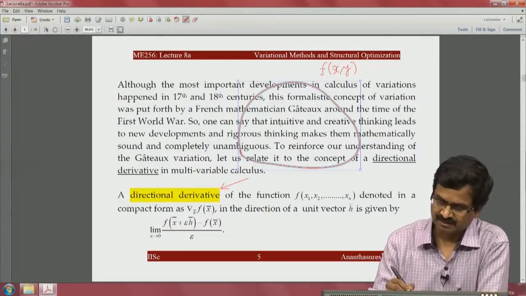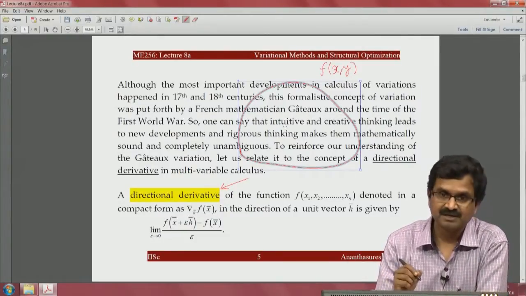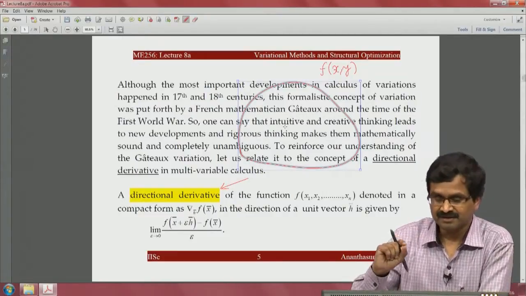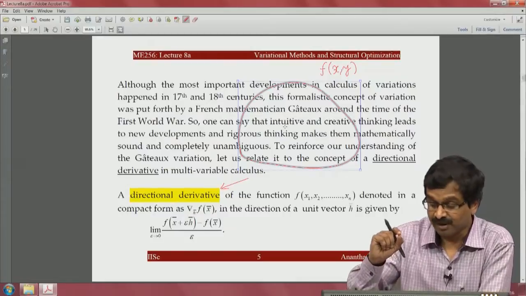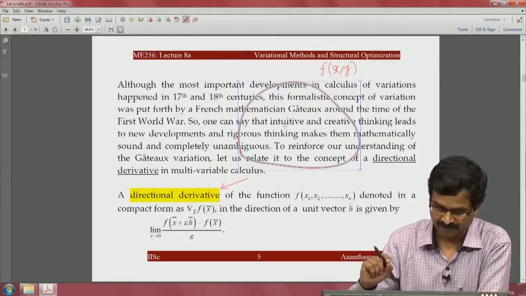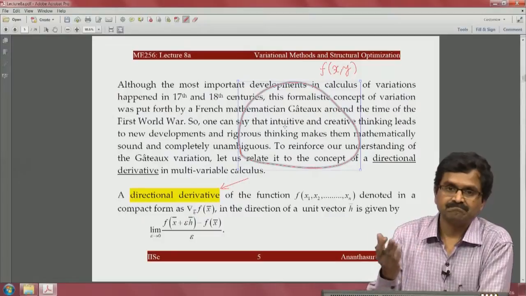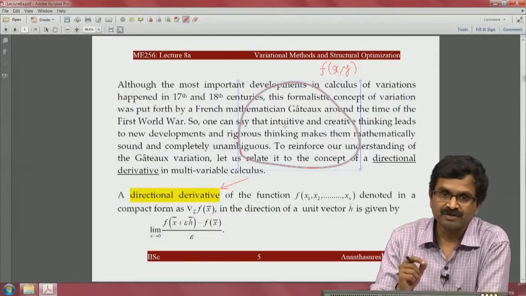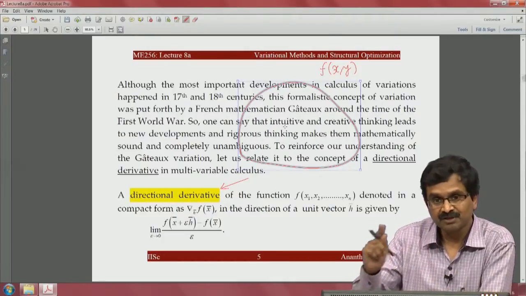Inside that, if I take a particular point, there will be a vector gradient, dou f by dou x, dou f by dou y. That will be the gradient, but it does not tell you how the function will vary in a particular direction that you are interested in.